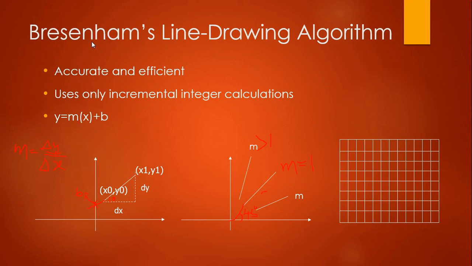And suppose delta x is more, then m will be less than 1. So these are the three cases you have.